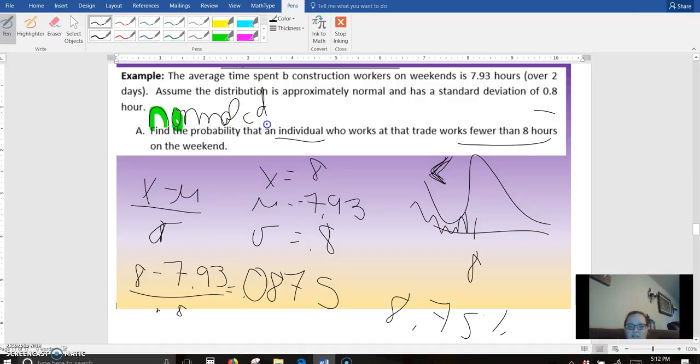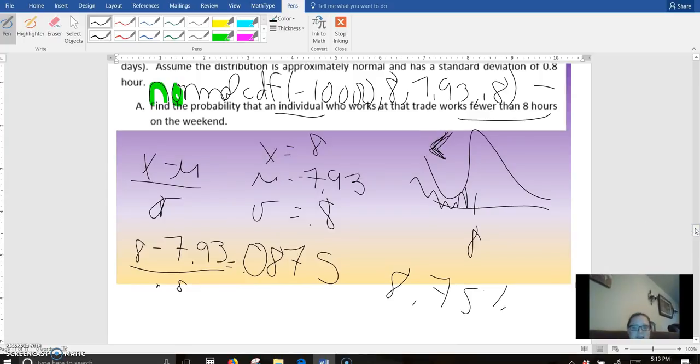Normal CDF. Okay, fewer than 8 hours, so comma 8, comma, you want the mean, 7.93, and then you want the standard deviation, 0.8. All right, let's type that in our calculator. I hope you're typing with me. 8, 7.93, 0.8. And we should get the exact same number.